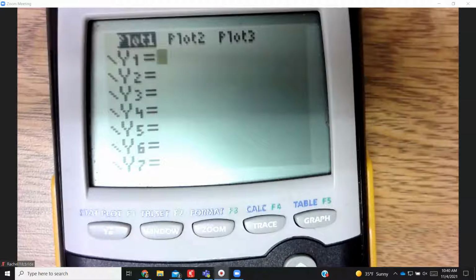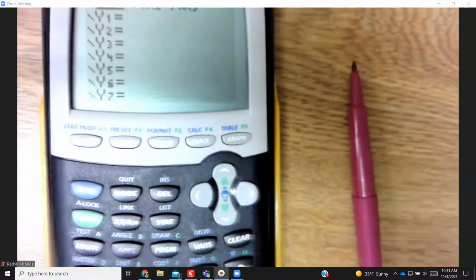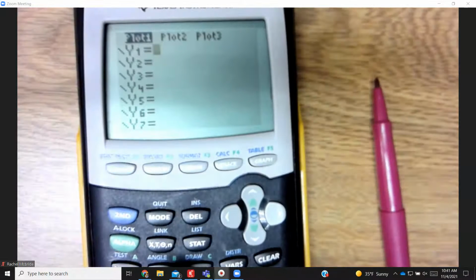Equation of the line in y1. So type in negative 2.39x plus, I forgot what it is, like 4,800 something. Okay. So if you've never typed in x on the calculator before, the x is the key right underneath mode.